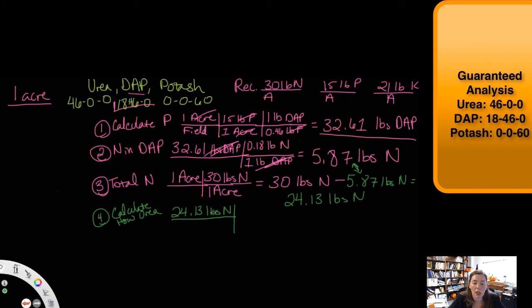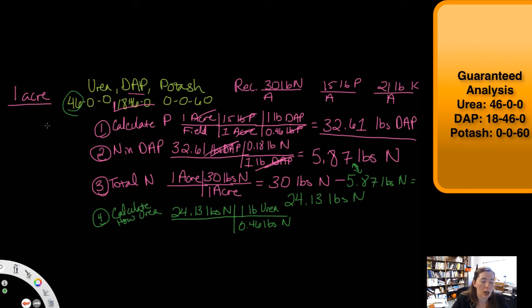So in 1 pound of urea, there is 0.46 pounds of nitrogen, because it's 46%, and so in 1 pound there's 0.46 pounds of N.